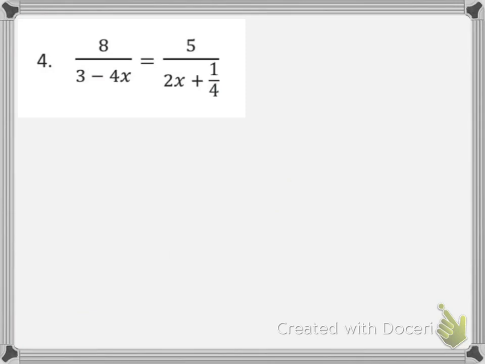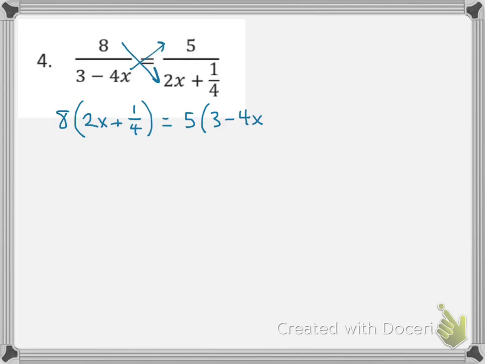Number 4. Last one. Lots of chances to get better at these. They're the same idea. 8 times the quantity 2x plus 1/4 is equal to 5 times the quantity 3 minus 4x.